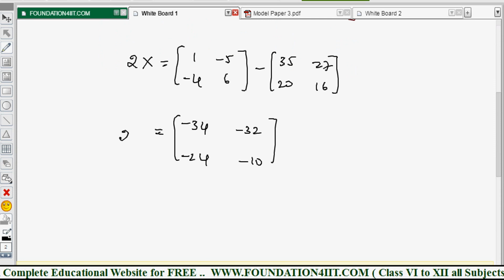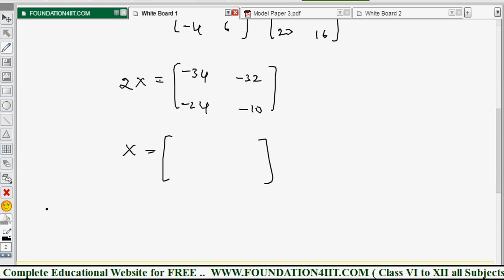Then that is the 2 into X matrix. So if you want matrix X, divide each and every element by 2, because it is already 2 into X. That is minus 34 by 2, minus 32 divided by 2, minus 24 by 2 and minus 10 by 2. That is the final answer.